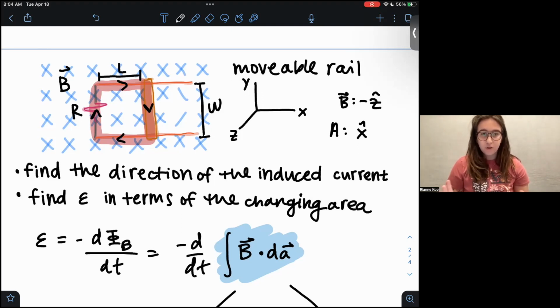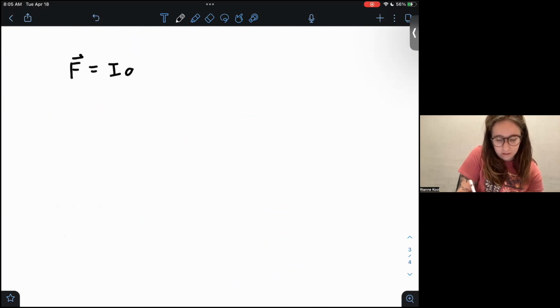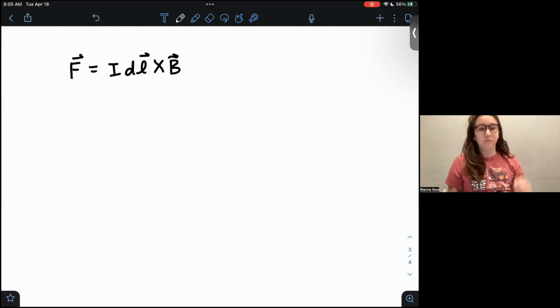So now that we have the direction of our induced current as that is changing, we can look at F equals I dl cross B. And this will show us what direction the magnetic force is in.